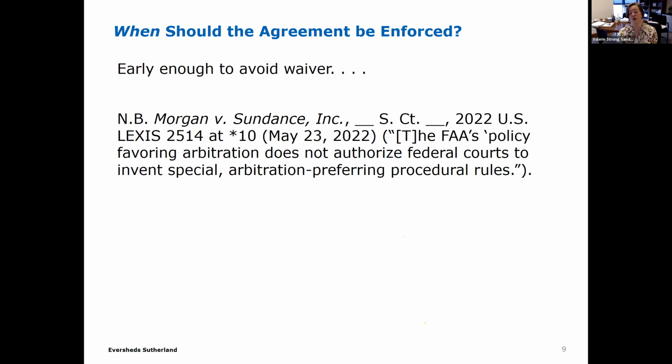Certainly if you're a defendant's lawyer, when you get sued and you have an arbitration agreement that you maybe can rely on, you sit down with your client and you say, we've got this, do we want to enforce it? And until May 23rd, there was some wiggle room there, certainly in most, if not all, circuits.